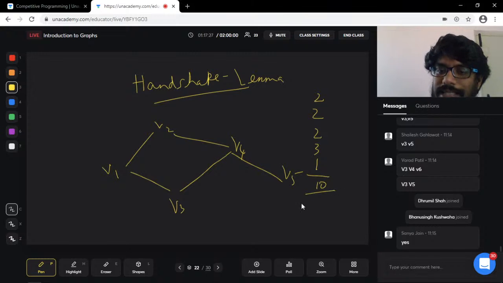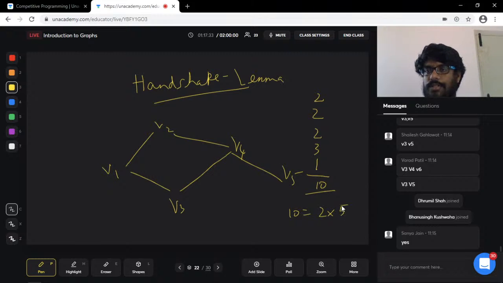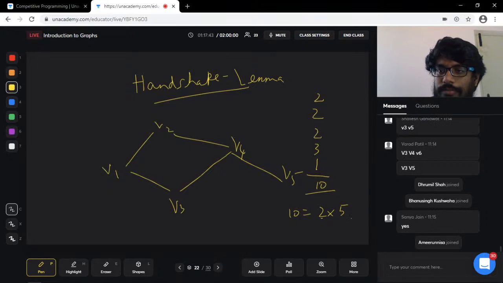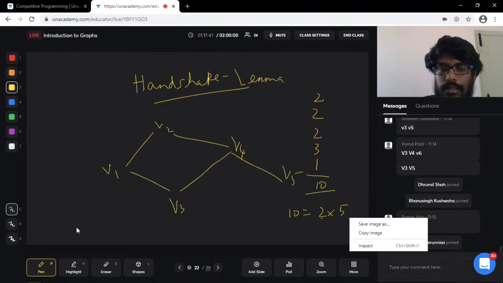And this 10 is basically 2 into 5, where 5 is the number of edges. How many edges are there? There are 1, 2, 3, 4, 5 edges. So it is 2 into 5, and this is going to be true no matter what graph you take.